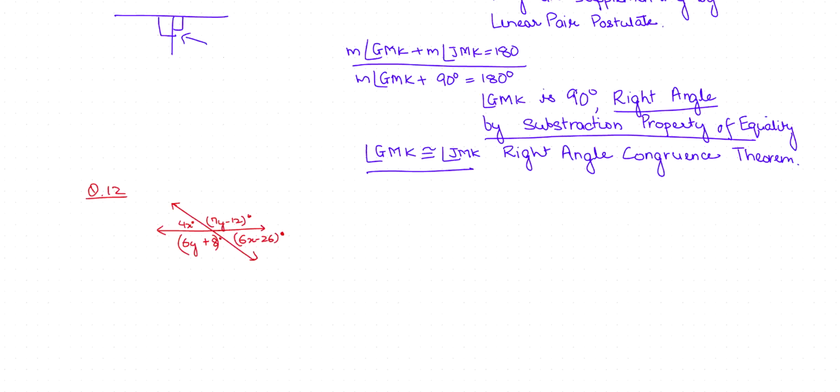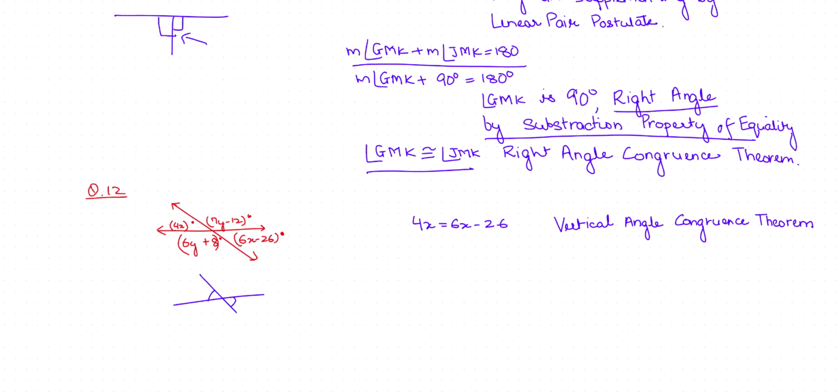So this is question 12 of the book, and we have to find the values of x and y using the theorems we just learned. So let's do this. We see that this angle 4x is equal to 6x minus 26 because they are vertical angles.